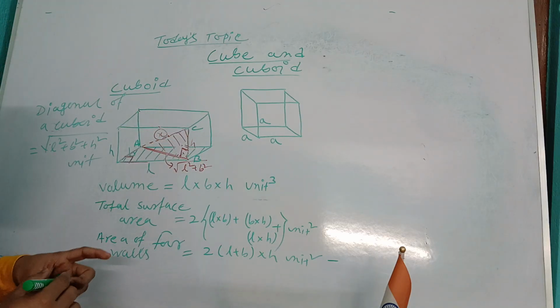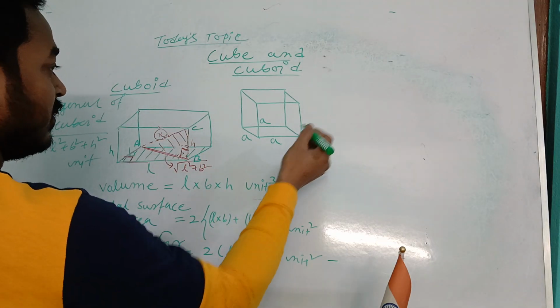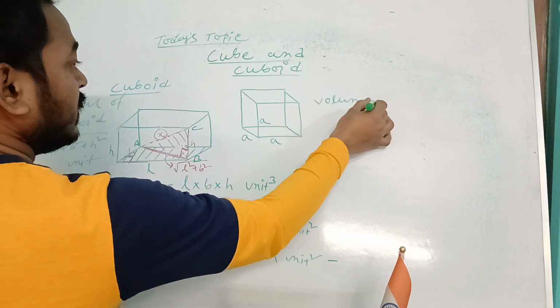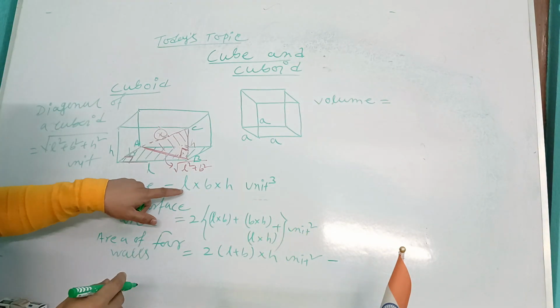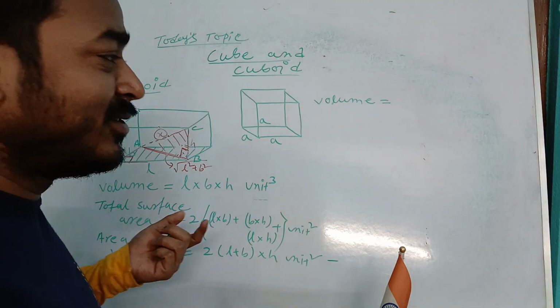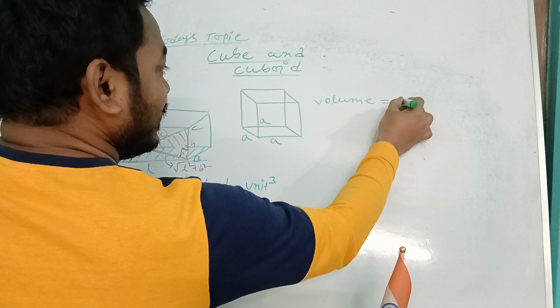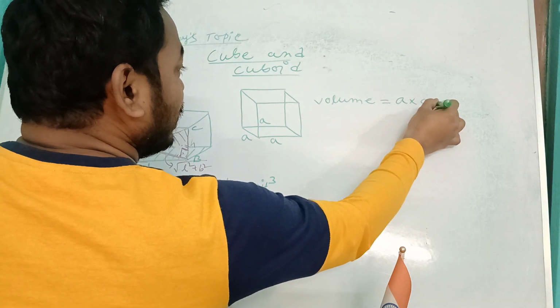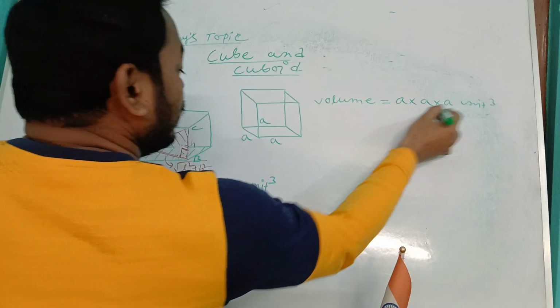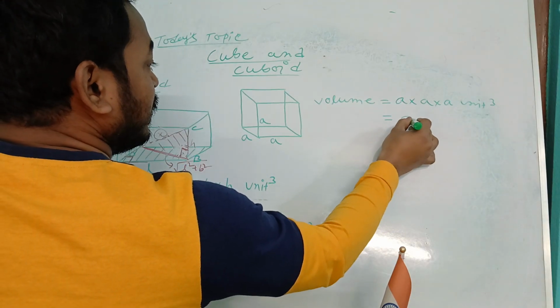Now if I write the formula for volume, volume is length into breadth into height. But here length, breadth and height are the same. So we can write a into a into a, it is a cube.